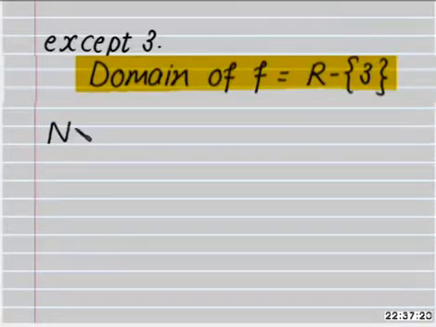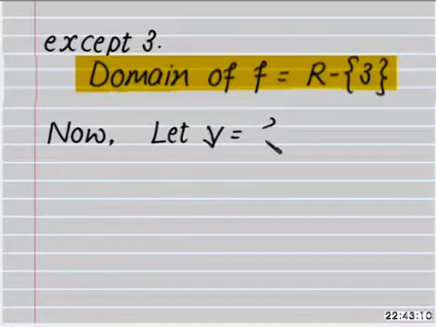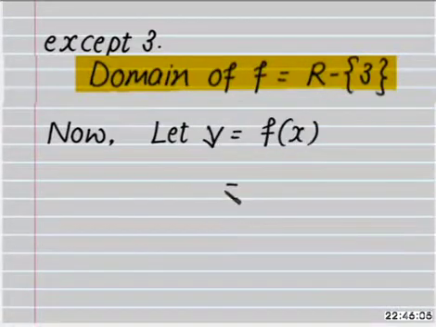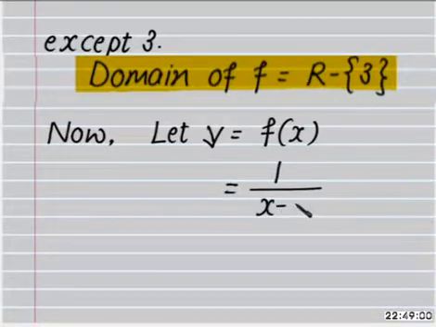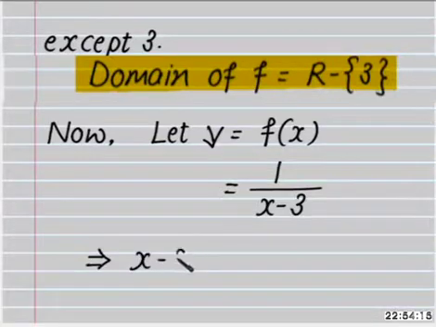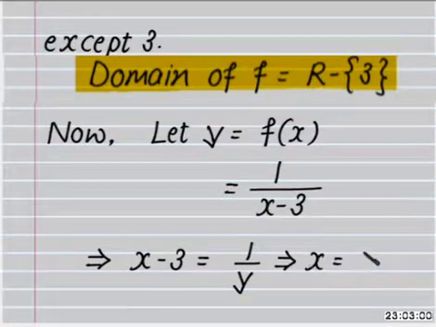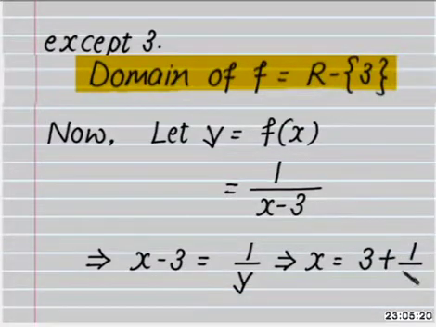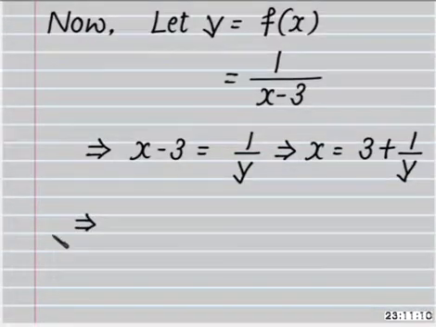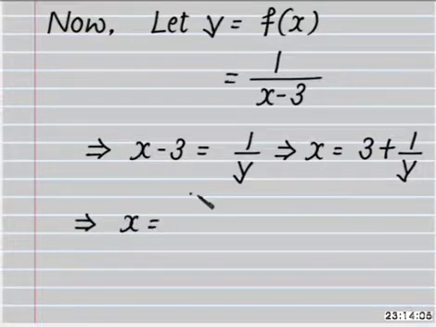Now let y is equal to f of x, which is equal to 1 upon x minus 3, implies that x minus 3 is equal to 1 upon y, implies that x is equal to 3 plus 1 upon y, further implies x is equal to (3y plus 1) upon y.